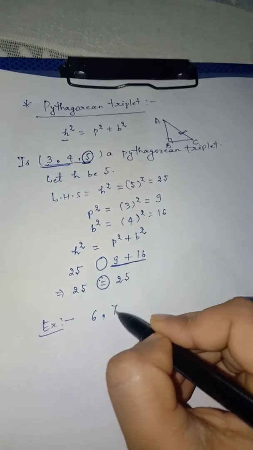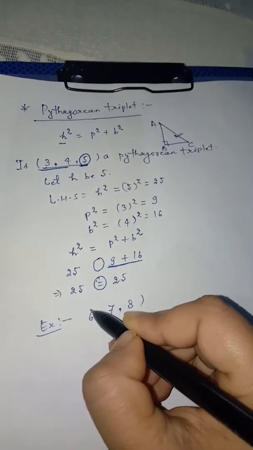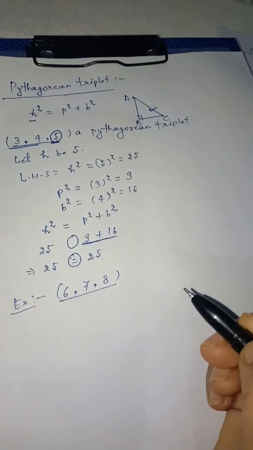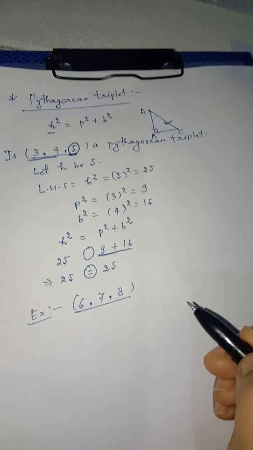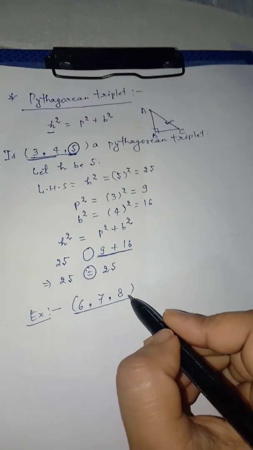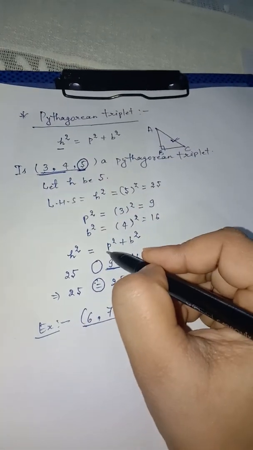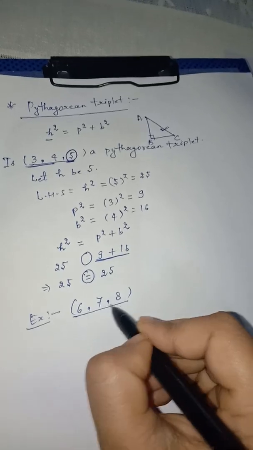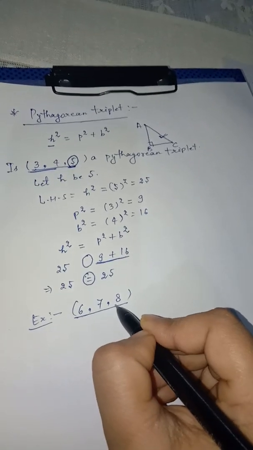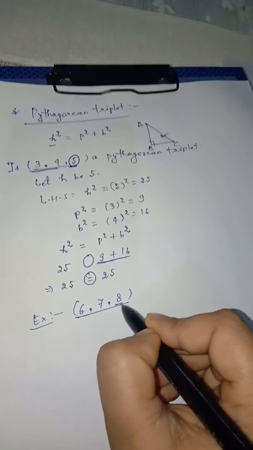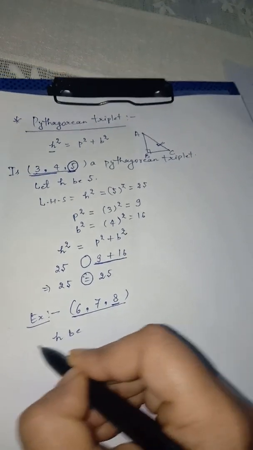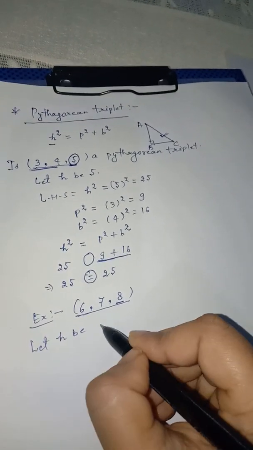6, 7 and 8. We have to check whether 6, 7, 8 is a Pythagorean triplet or not. We will follow the same steps. Among this set of numbers, which number is greatest? So 8 is greatest. Let h be 8.